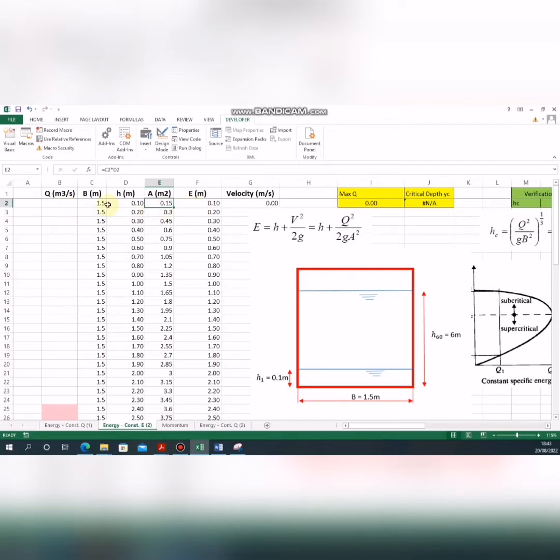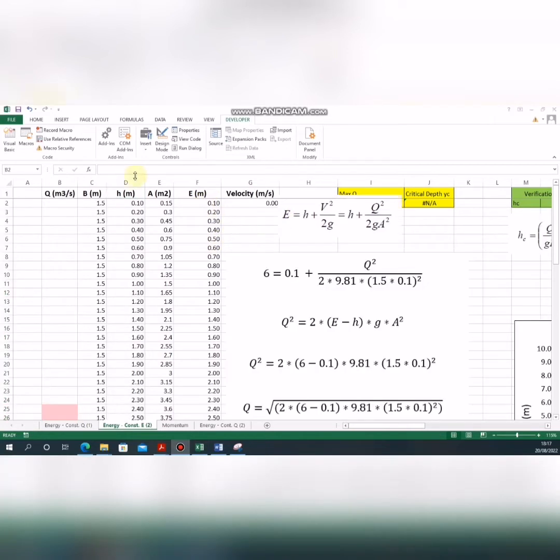So at this point now, we need to find out the discharge for all these values to be plotted against H, the water stage, for a fixed energy of 6 meter. So let's look at how to work out the discharge value for 6 meter energy.